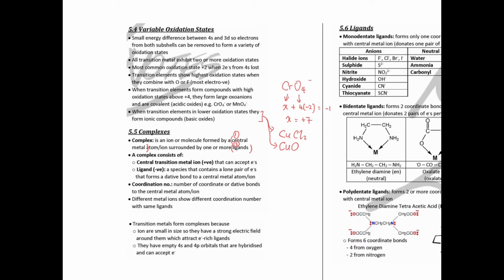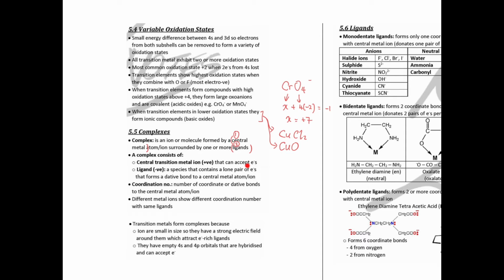Now let's see the next point. They said a complex consists of a central transition metal ion, which is positively charged and can accept electrons. They can accept electrons basically because they have empty orbitals.